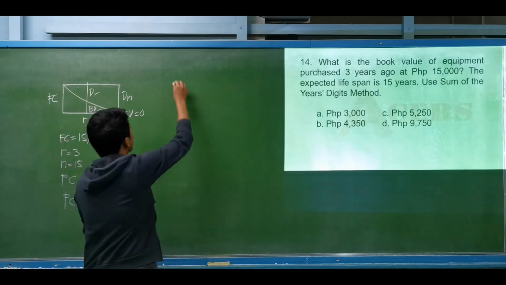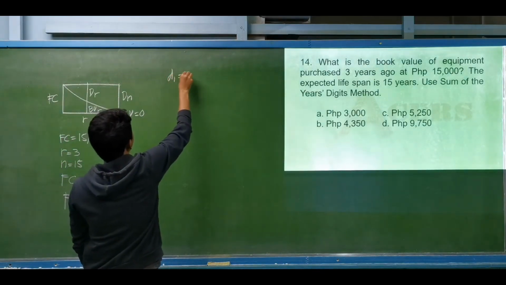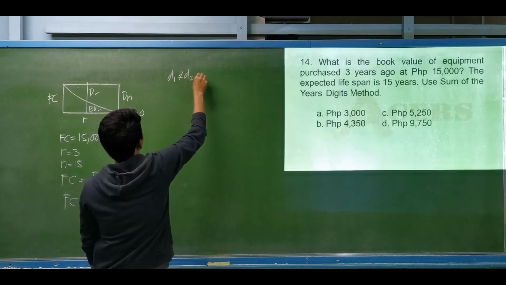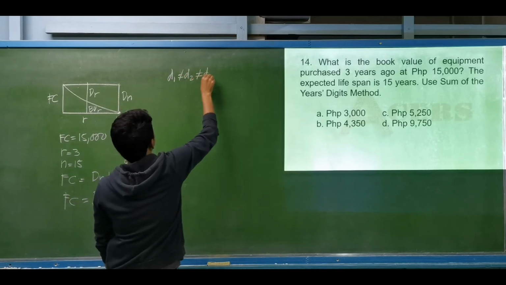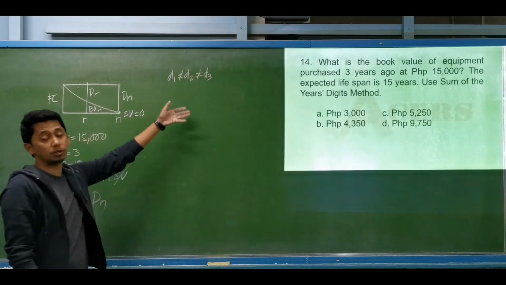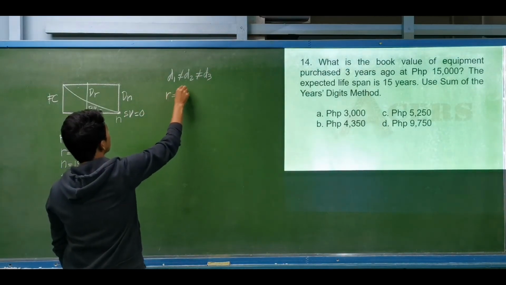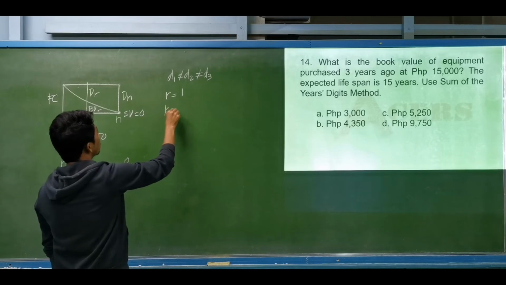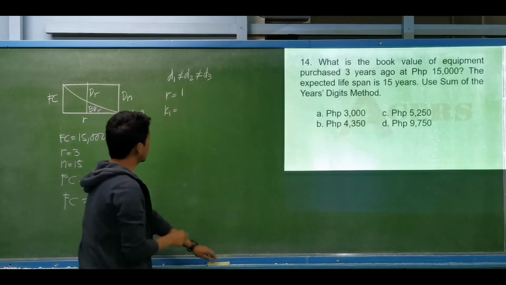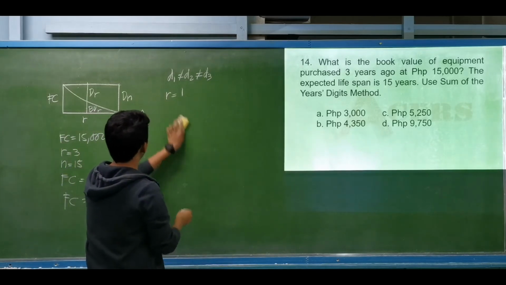Since this is the sum of the years digit method, D1 is not the same as D sub 2, not the same as D sub 3. We need to compute them individually. So at r equal to 1, we have k sub 1, from our equation for the rate of depreciation.